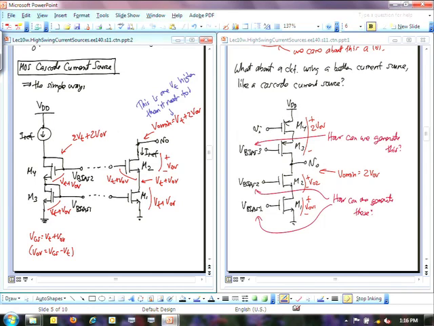And you may say, what's the problem? It's just a VT. It's 0.7 volts. I'm assuming that M1, M2, M3, M4 are equal in this analysis.